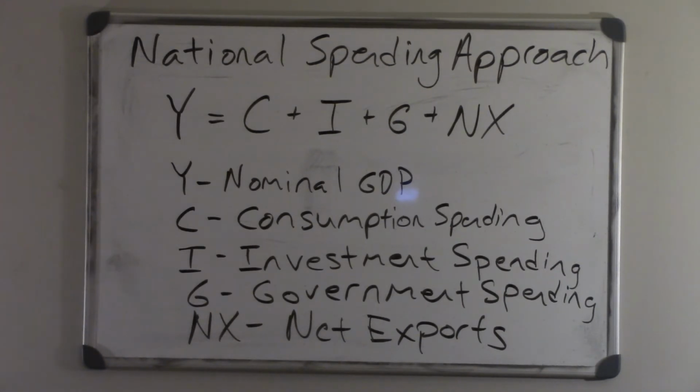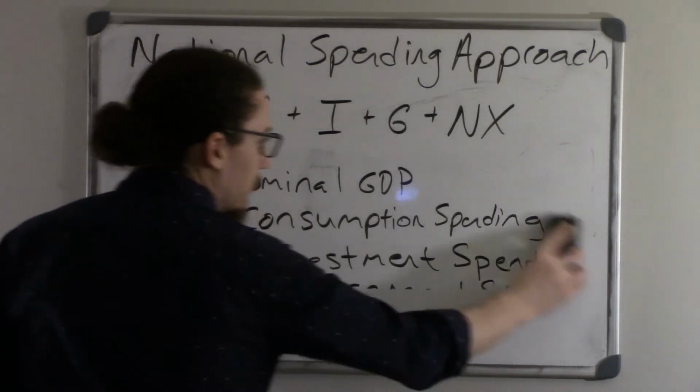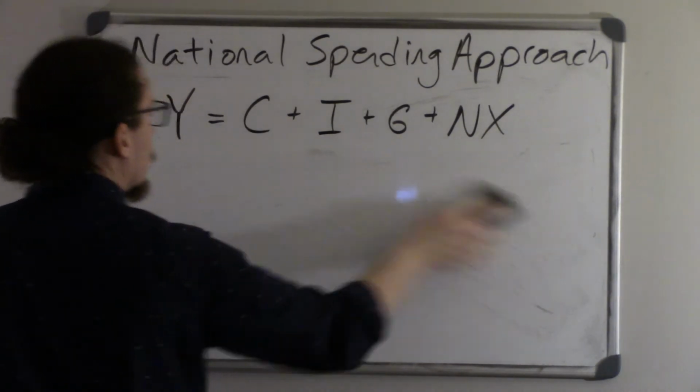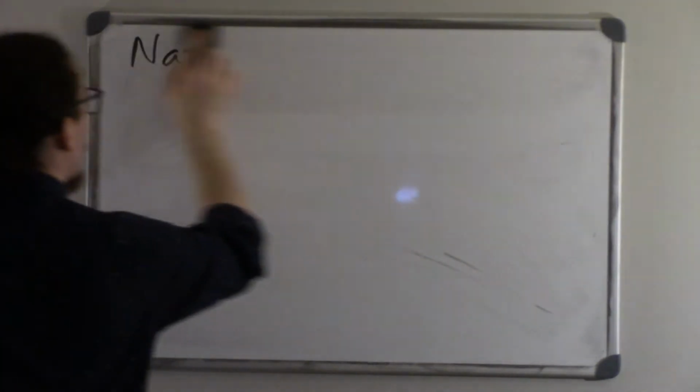So it is focused on spending. Obviously, it's about spending. I wrote spending about five times, but let's take a look at these individual components in a little more detail.